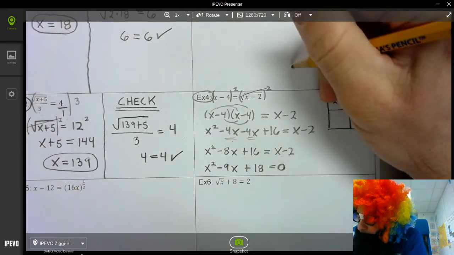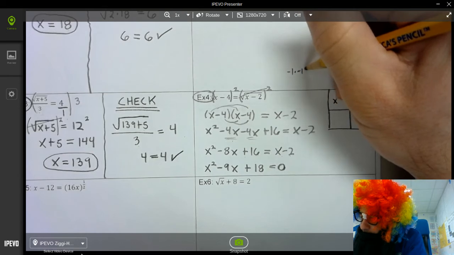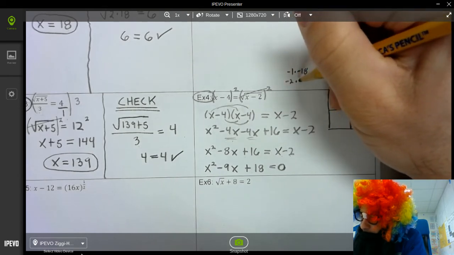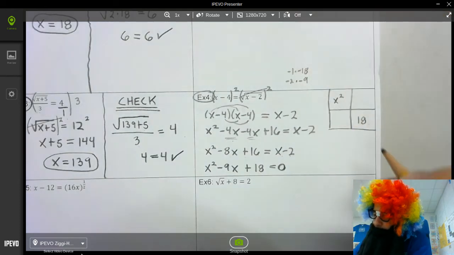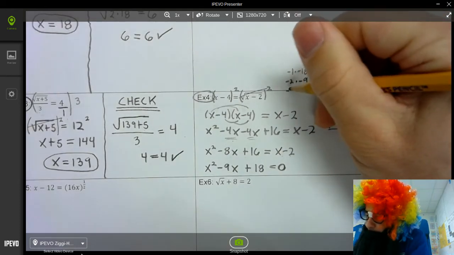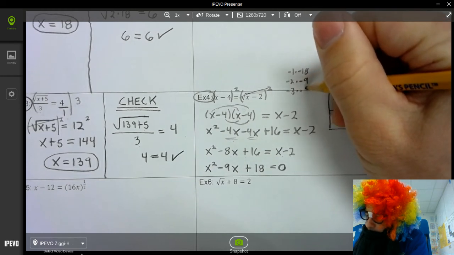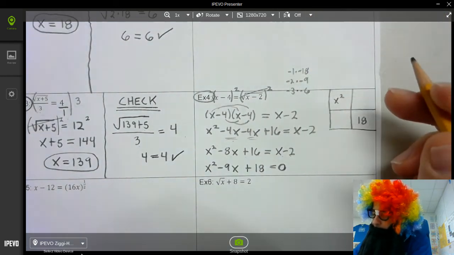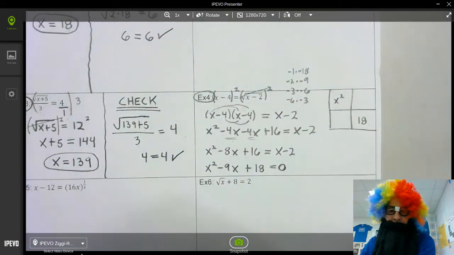So we know negative 1 times negative 18, negative 2 times negative 9, negative 3 times negative 6, negative 4 times doesn't work, negative 6 times negative 3.